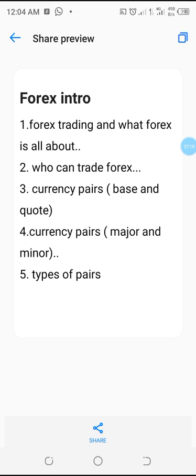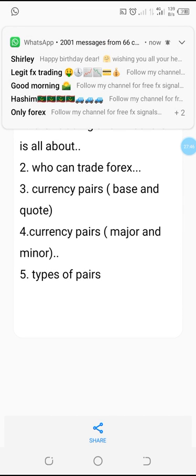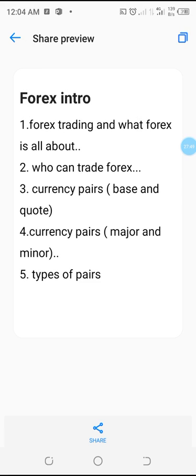Number four is currency pairs, major and minors. I gave you guys a list of currency pairs. I showed you the major currency pairs and the minor currency pairs, and I gave you the reason: the major currency pair is volatile and has very high volume, while the minor has less volume.